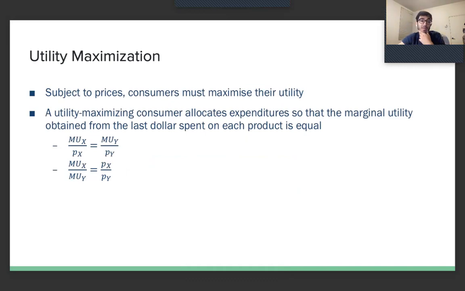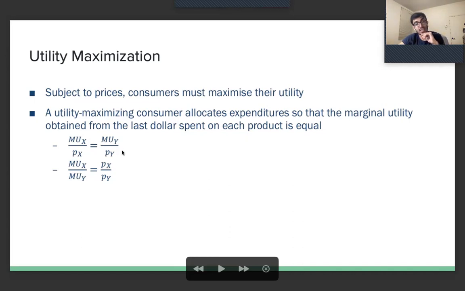That would initiate me to consume more of good y, because it's more beneficial in terms of my utility. And I would do that until this equality is restored. Similarly for the opposite case.